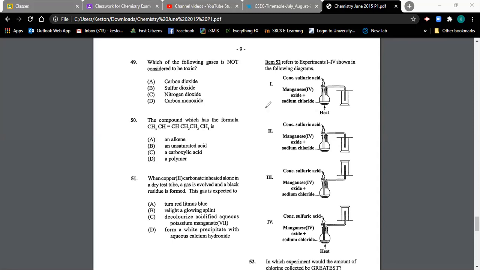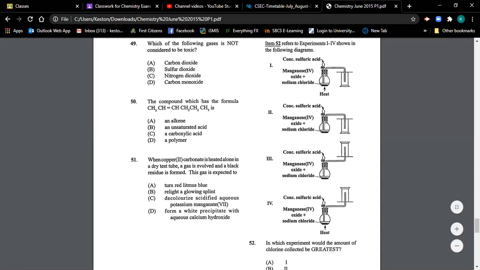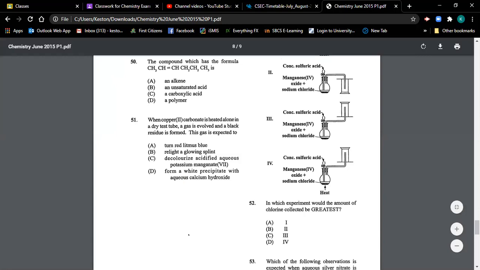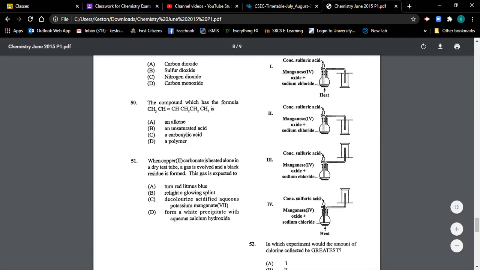52 refers to the following experiments, right? Sulfuric acid, manganese oxide, sodium chloride. In which experiment would the greatest amount of chlorine be collected? This one has heat.